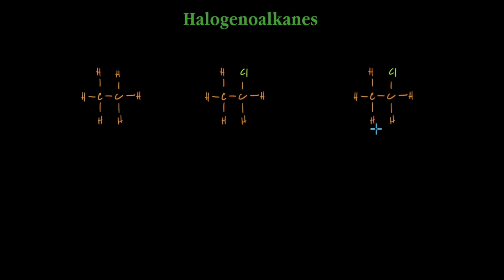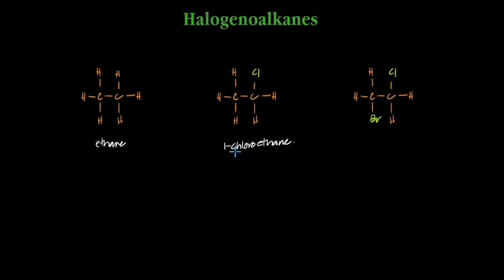For example, let's replace that with a bromine. The second and third are referred to as halogenoalkanes. This is called 1-chloroethane. So the left one is ethane, the middle one is 1-chloroethane. The idea is that one hydrogen is replaced by a halogen.